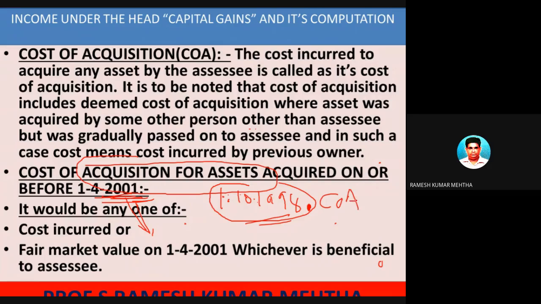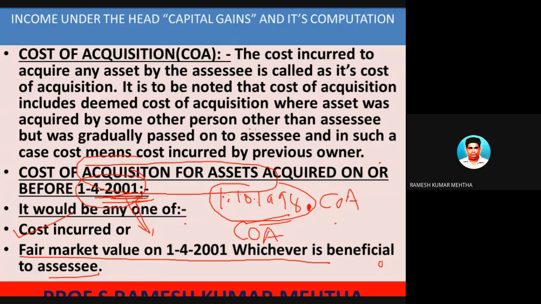In such a case, if an asset is acquired before 1/4/2001, then you have two options as far as cost of acquisition is concerned in the hands of the assessee. One is the cost incurred for purchasing, or the fair market value on 1/4/2001, whichever is beneficial to the assessee.